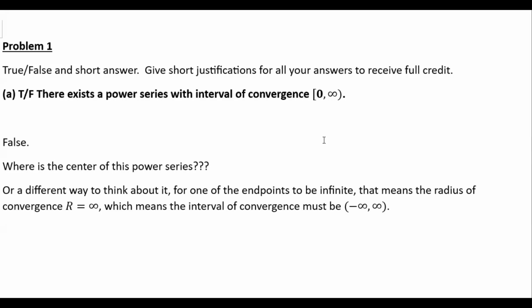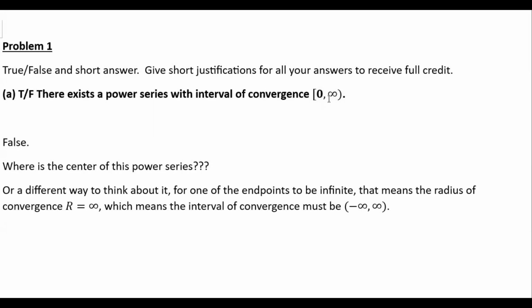Another way to think about it is if one of the endpoints is going to be infinite, that means the radius of convergence is infinite. So that means this other endpoint has to be infinite as well. Radius of convergence is from some center, it goes radially outward in both directions. So if it's infinite in one direction, it has to be infinite in the other direction as well.